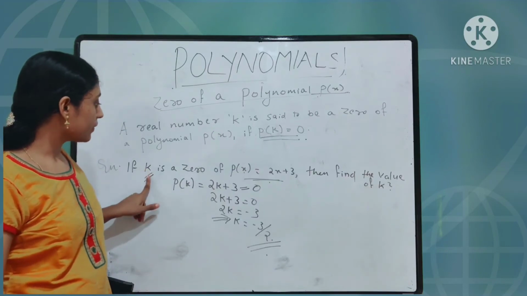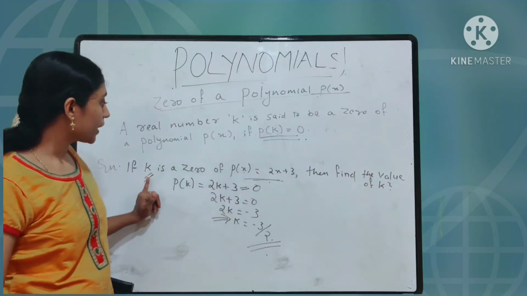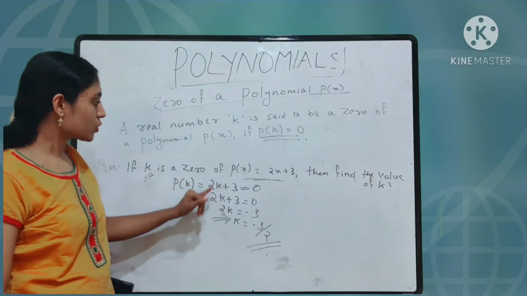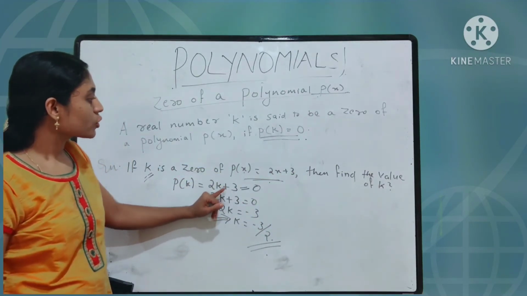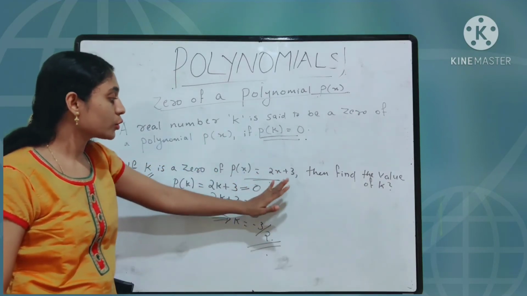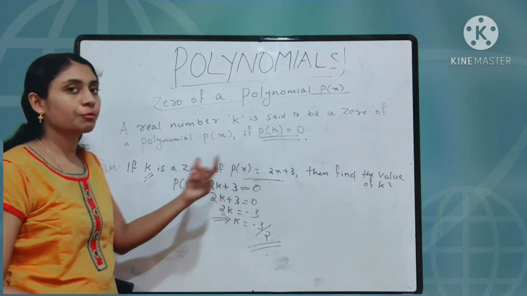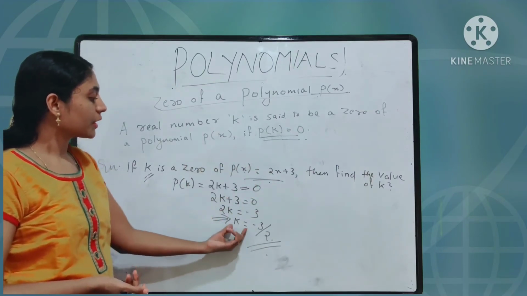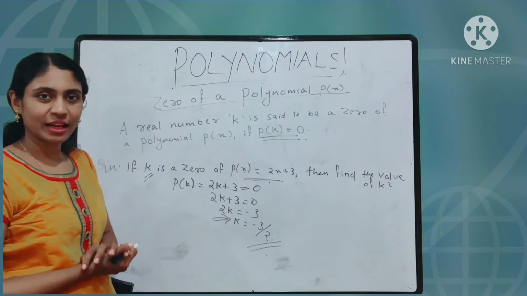So it is given that if we put k instead of x, we will get the value 0. So p of k is equal to 2k plus 3 because we are substituting k instead of x, and it is equal to 0. It is given that k is 0 of p of x is equal to 2x plus 3. And now substituting we will get the value of k as minus 3 by 2.